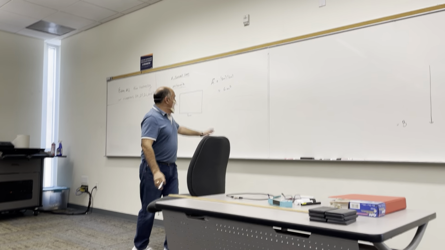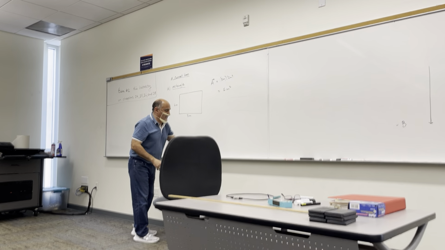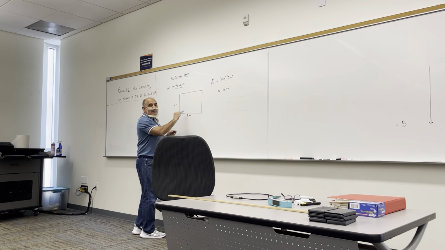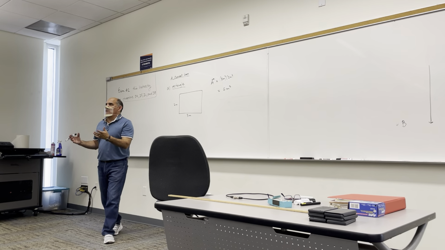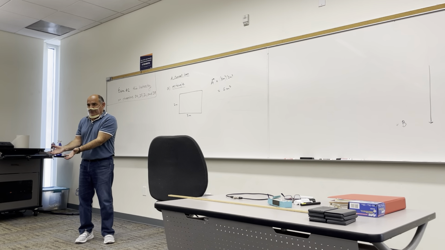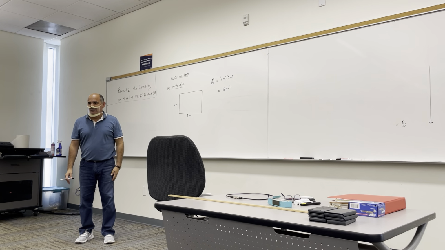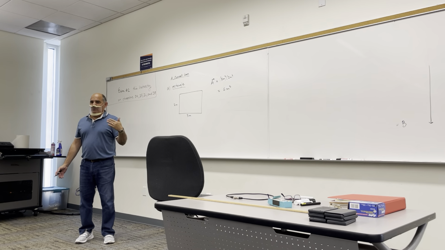So the area vector is a vector whose magnitude is the area of the thing, 6 meters squared, which is 3 meters times 2 meters, but the direction is perpendicular to the plane of the loop. So in this case, it could be either into or out of the board.